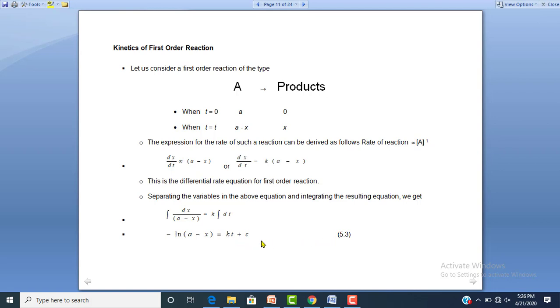In this equation, natural log is obtained when we multiply simple log with 2.303. a is the initial concentration of reactant, x is the concentration of product after time t, k is the rate constant whose value has to be determined, t is the time, and c is the integration constant.